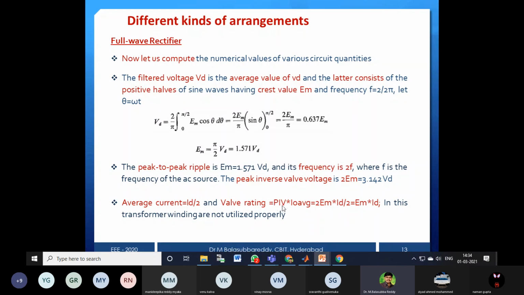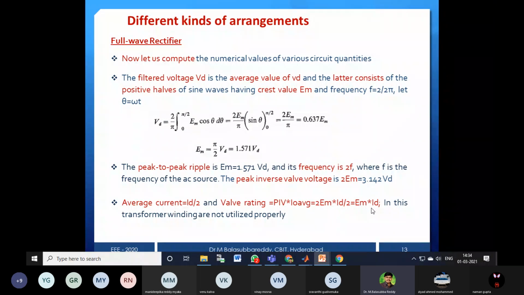So in the midpoint converter, peak inverse voltage is 2 Em and the average current of a valve is Id by 2, then the 2 will get cancelled. The valve rating is Em into Id.